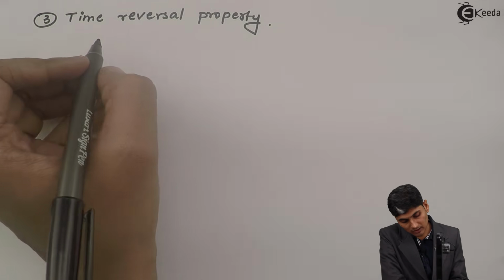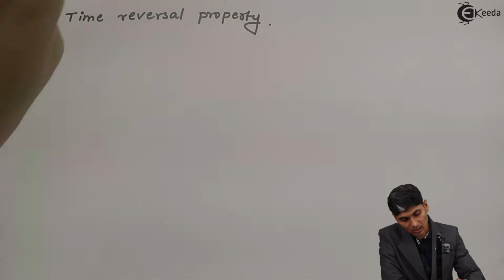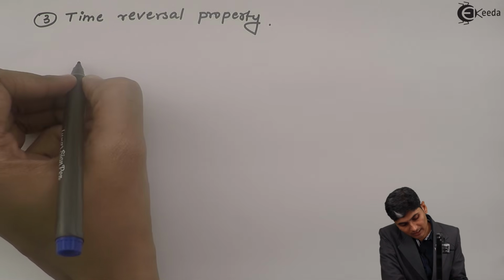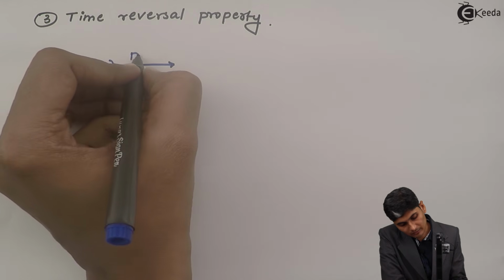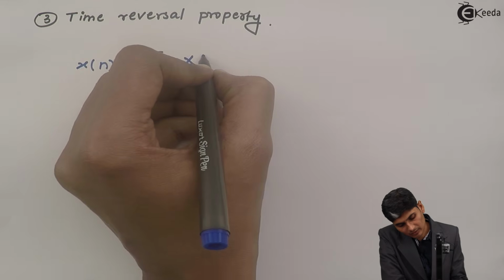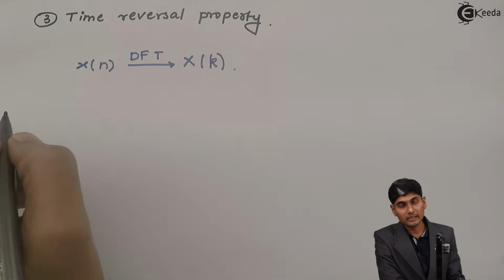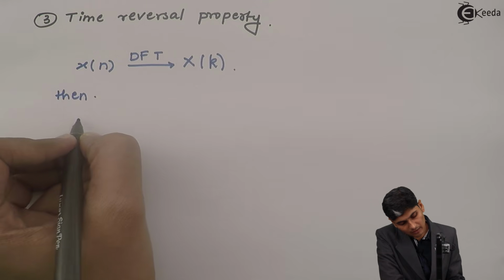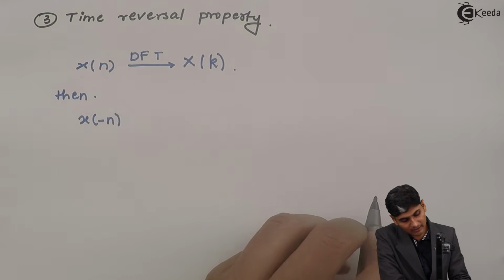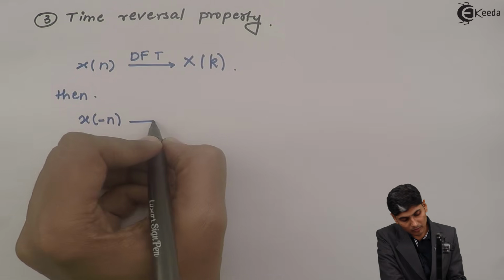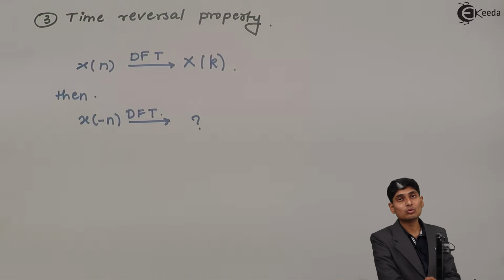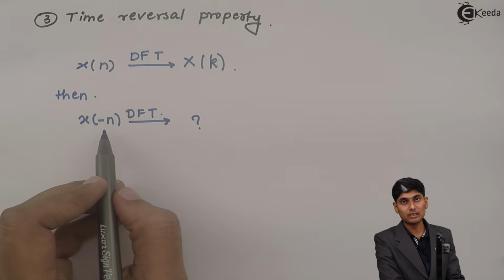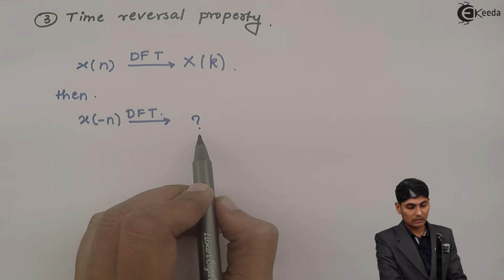The time reversal property states that if I have a signal x of n whose DFT is x of k, then if I reverse the signal, that is x of minus n, what will be its DFT? We want to know that if we mirror the signal x of n, what will be the transform of that signal.